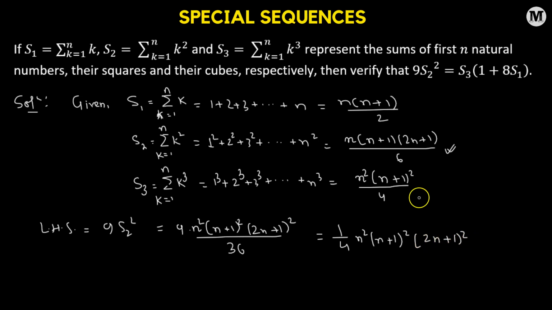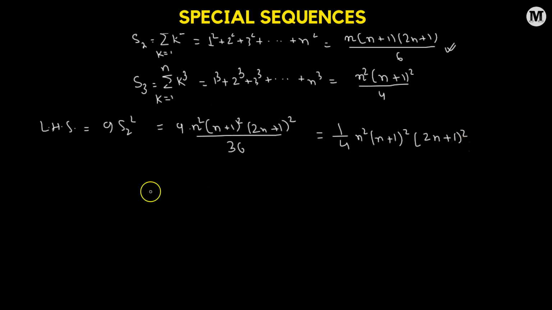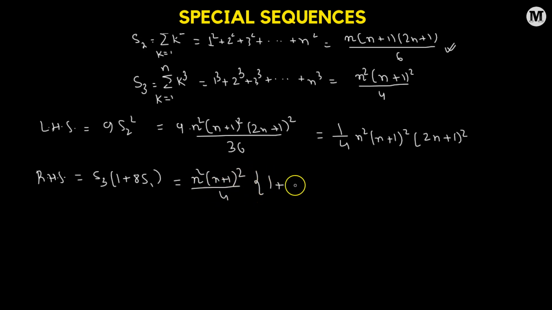Okay, now let's come to the right hand side, where we have S3 times 1 plus 8S1. So on the right hand side, we have S3 multiplied by 1 plus 8 multiplied by S1. This is going to be equal to n squared times n plus 1 whole squared divided by 4, multiplied by 1 plus 8 times n times n plus 1 divided by 2.